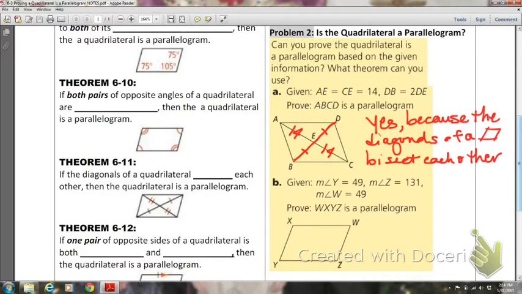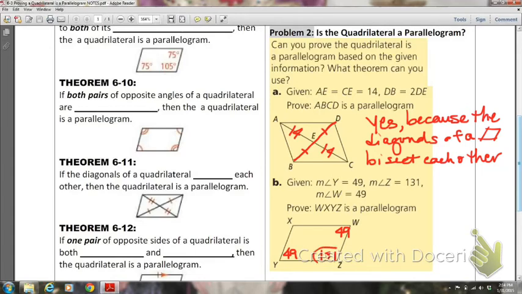In the second part of the question, part B, you're given that the measure of angle Y is 49, the measure of angle Z is 131, and the measure of angle W is 49. Is quadrilateral WXYZ a parallelogram? We're going to see if we can apply the theorem that if both consecutive angles are supplementary, then it is a parallelogram.